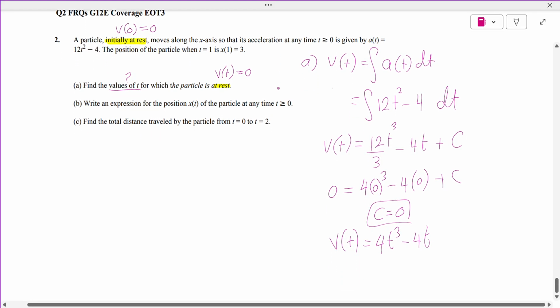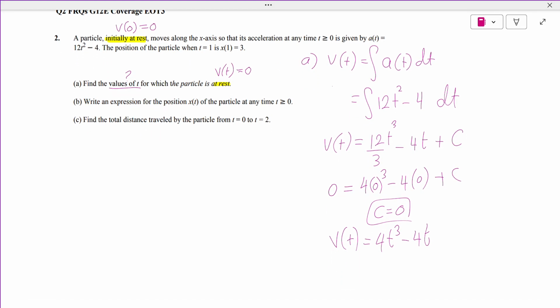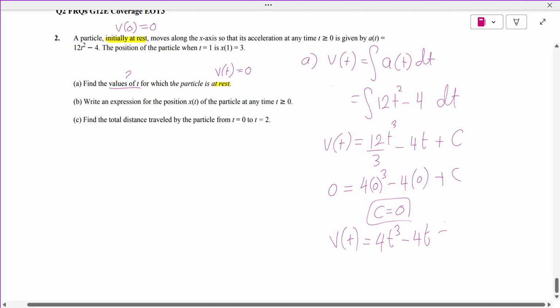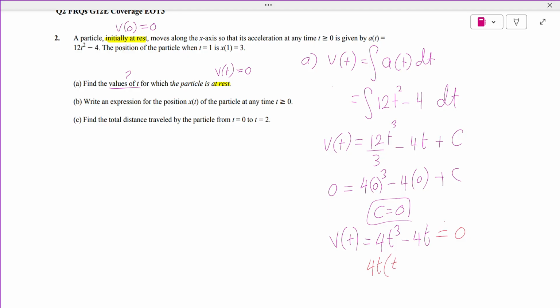So we must now set this amount equal to 0. Factor out 4t. That leaves you with t squared minus 1 equals 0. So it's either t equals 0 or t equals plus and minus 1, right?